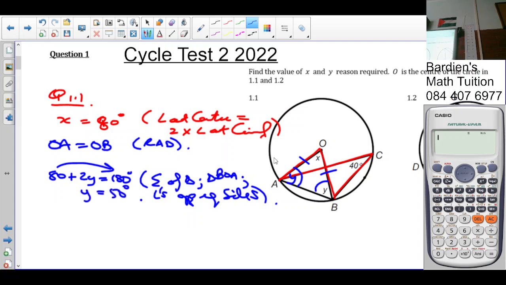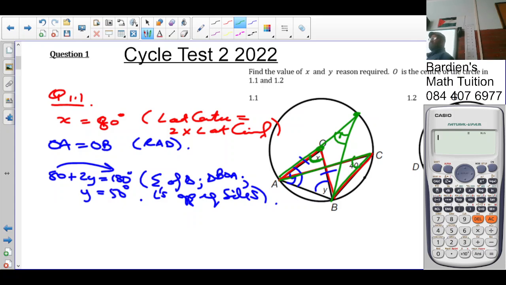Now many wrote angles in the same segment. Why can't I say x is equal to 40, angles in the same segment? This point is not touching the circumference of the circle. If that was given like that, and your x was there, then that is angles in the same segment.